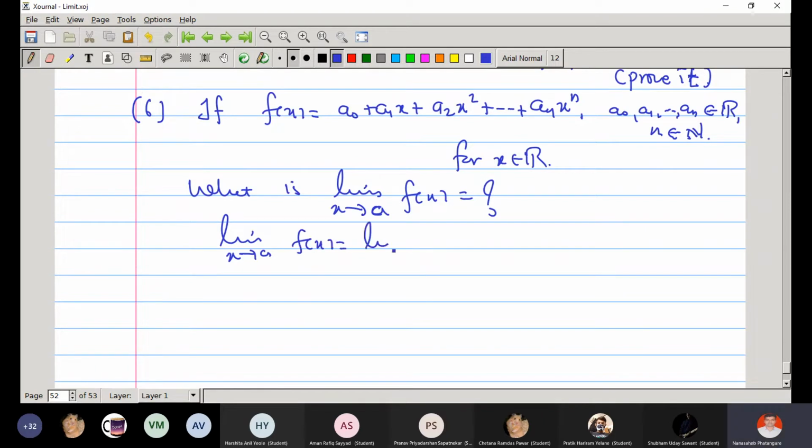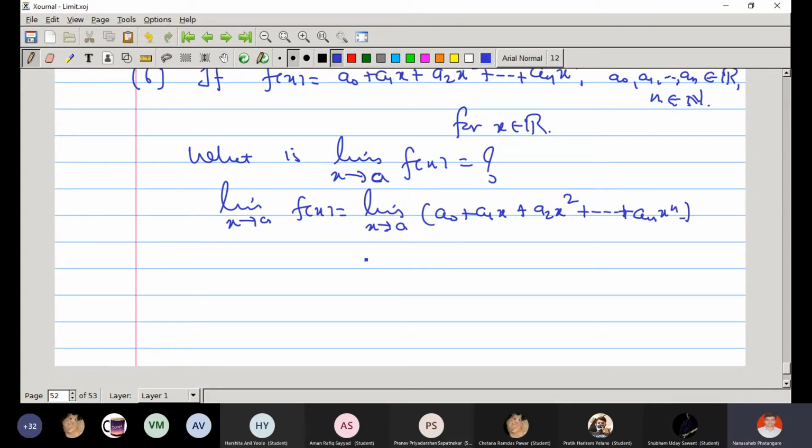What is it? Now it is just an addition of some functions, and therefore what is it? Limit of a naught plus limit of a1x plus limit of a2x square and so on. We can distribute this limit inside the bracket and then use the multiplication with scalar.